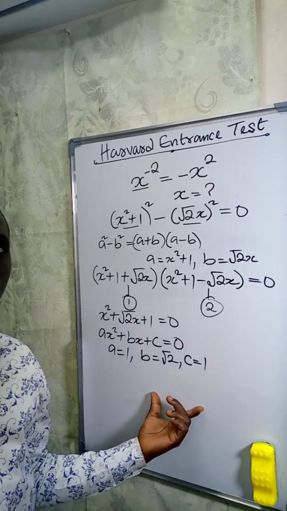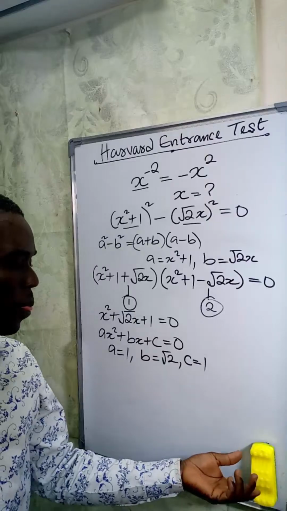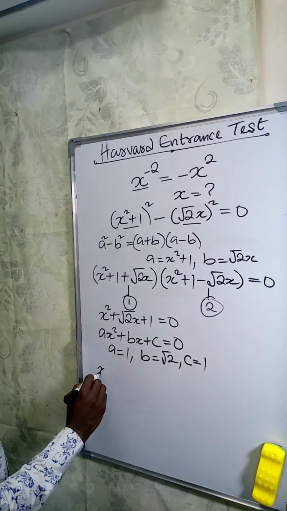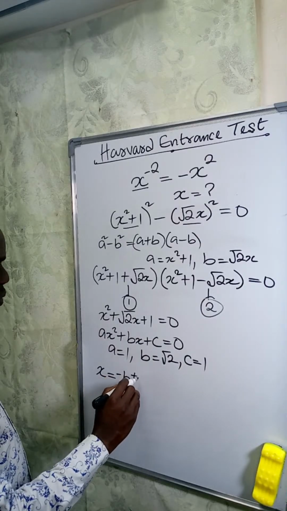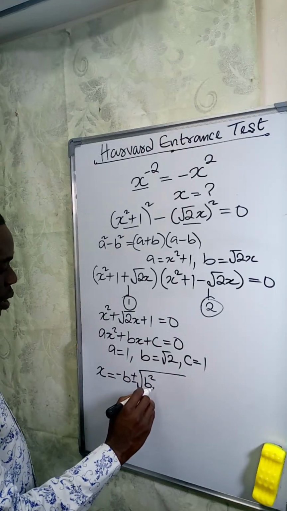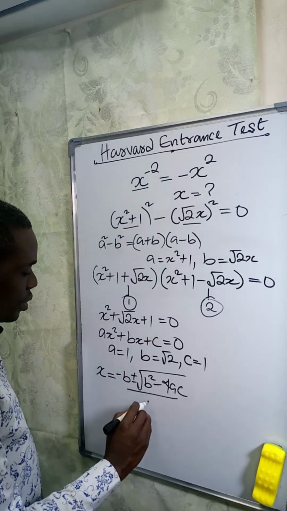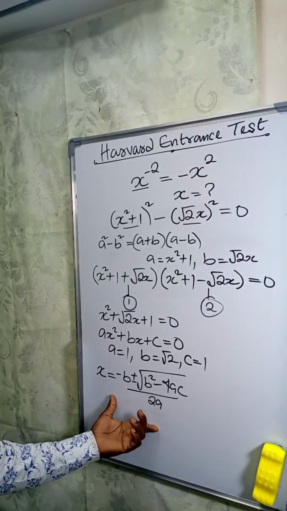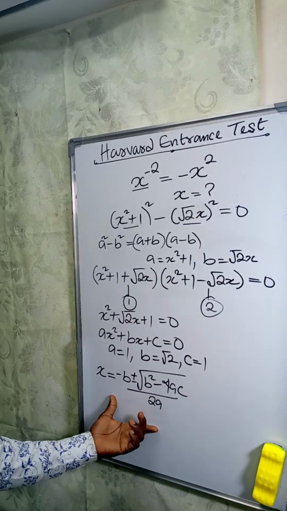All we need to do is simplify using the quadratic formula. The value of x will be equal to negative b plus or minus the square root of b squared minus 4ac, all divided by 2a.